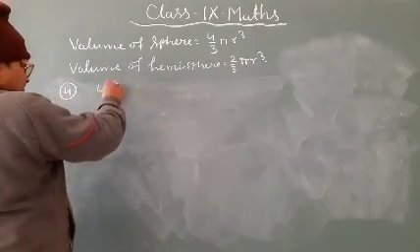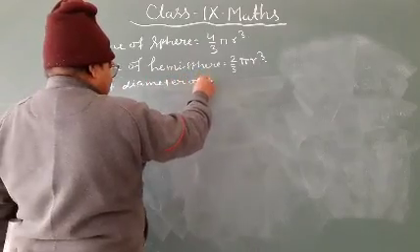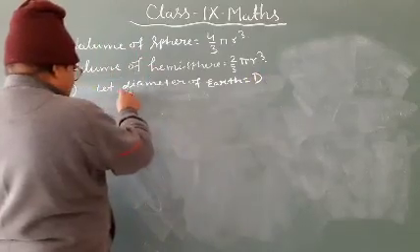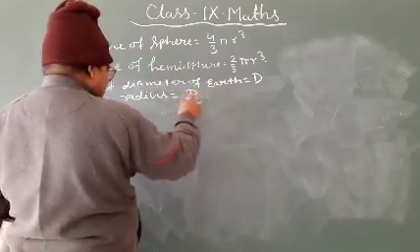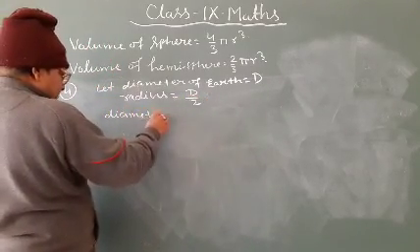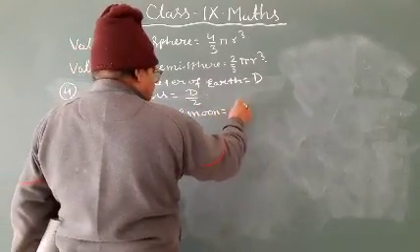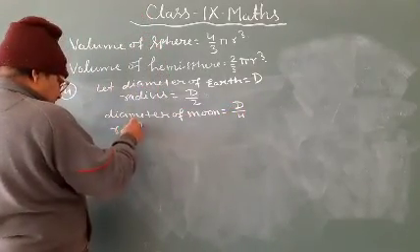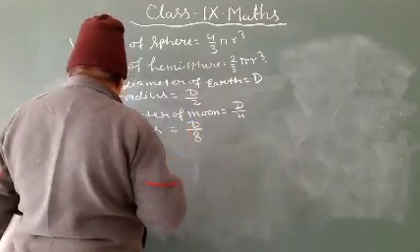Let diameter of Earth equal to d. Now the radius is equal to d by 2. Diameter of Moon is d by 4, radius is equal to d by 8.